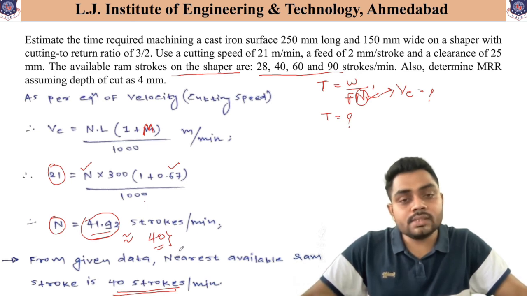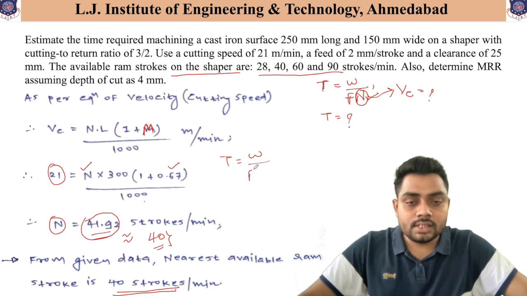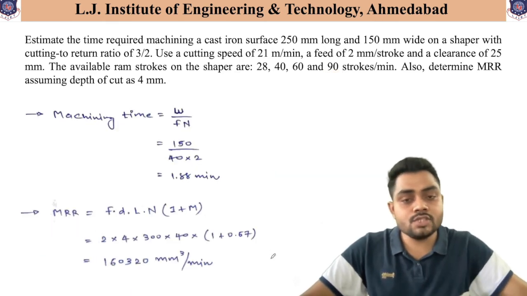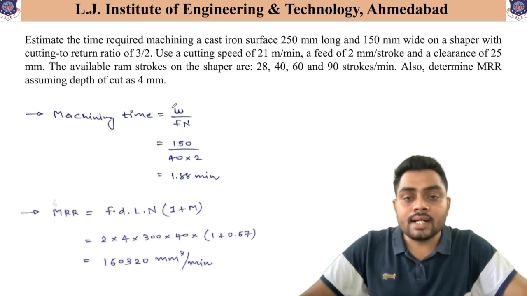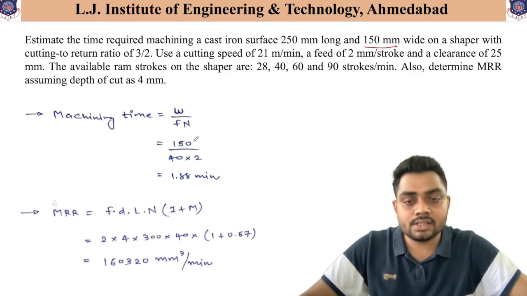So now to find the machining time, what we will do? We will directly use this equation W divided by F into N. We have the value of width available, we have the value of feed available, and now we have also found the value of N. Now width of the workpiece is 150 mm, which is mentioned over here.